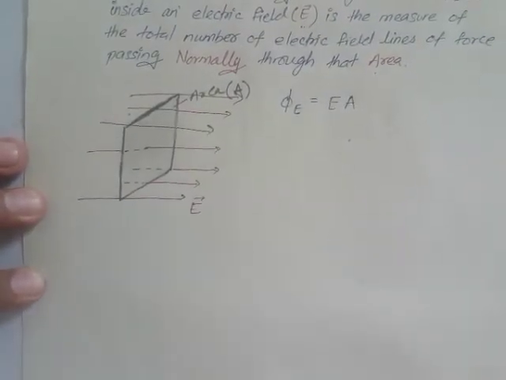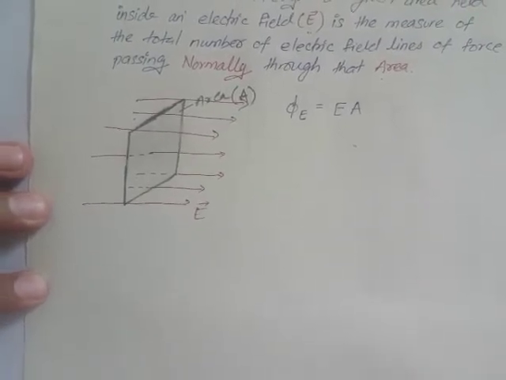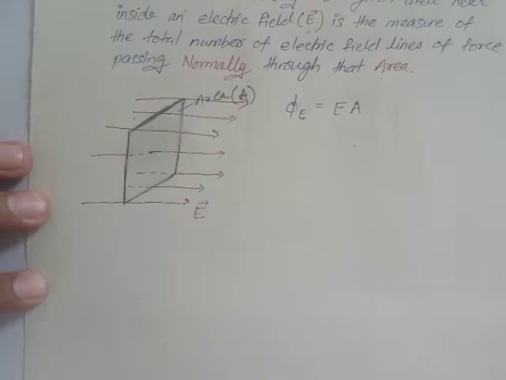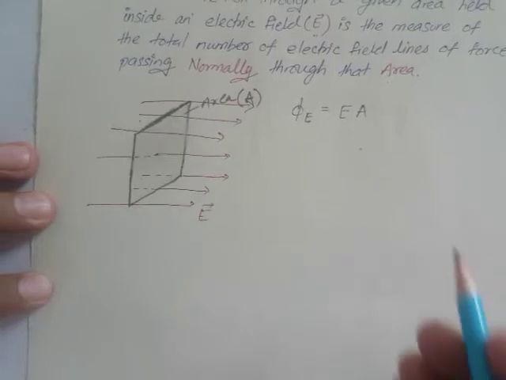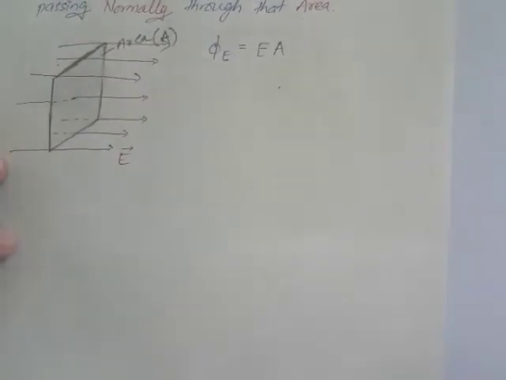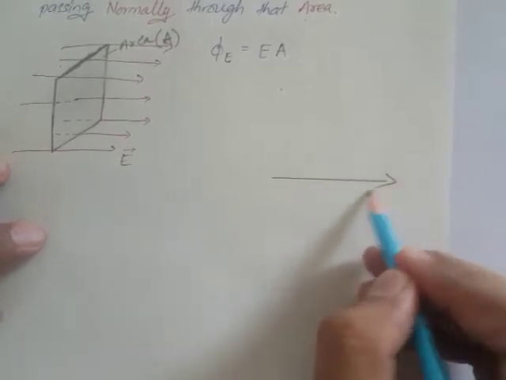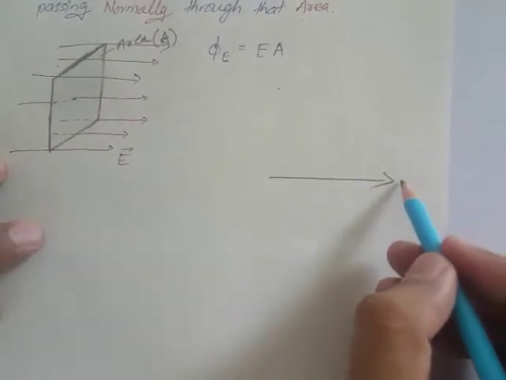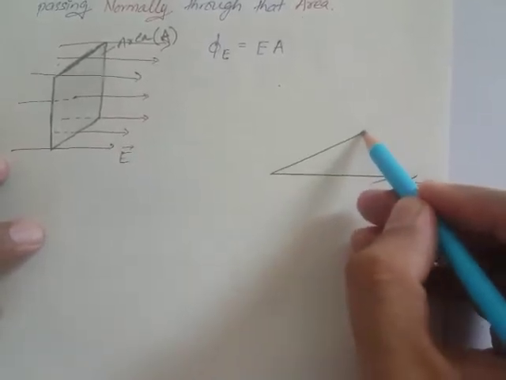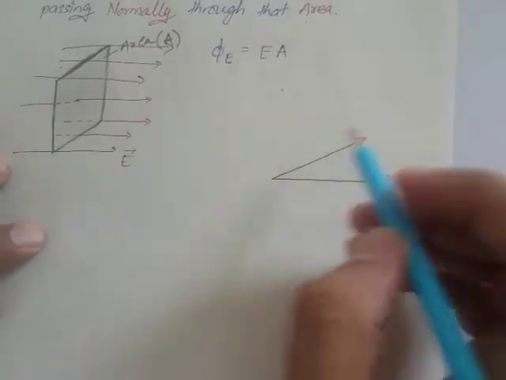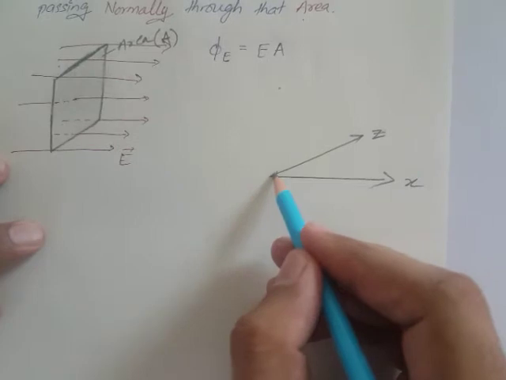Now electric flux will depend on another thing, that is the area vector, and that area vector forms an angle with the electric field lines. So we see, as we studied in 11th, what is the area vector. If we draw an area over here in the axes, this one is my x-axis, this is my y-axis, going inside the paper, and this is my z-axis, which is coming out also.